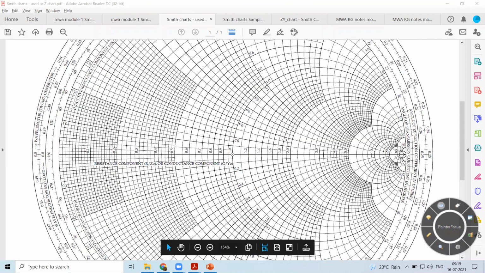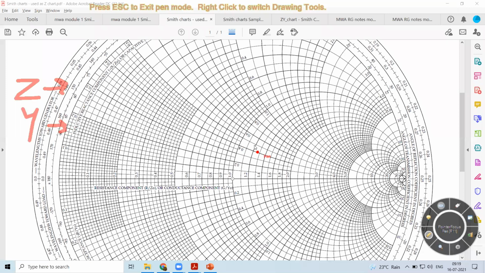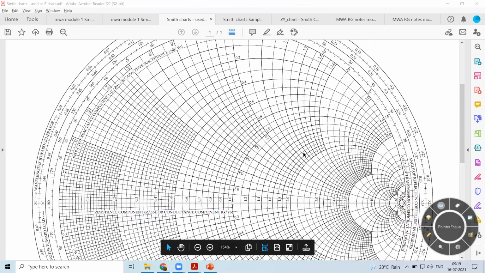Now, what happens when you're using the same Z chart, the Smith chart used as impedance, but you are making use of it as an admittance chart? Then just minor changes, and rest all things remain the same.